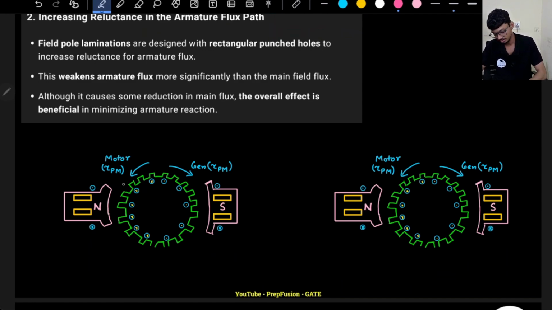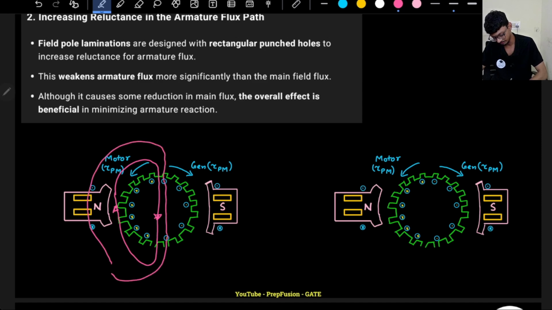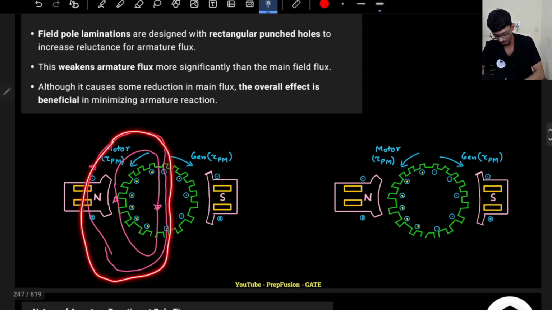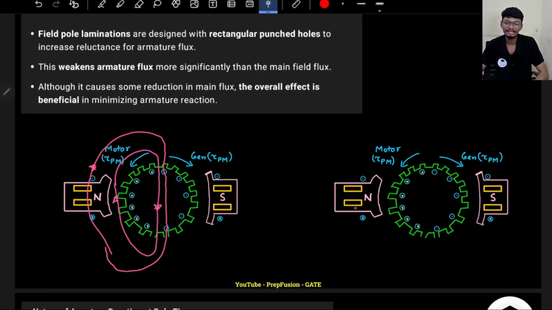The flux generated will be something like this, and it will pass through the field poles as well. So I can try to increase the reluctance of this flux path so that the flux is lower. My aim is to reduce the armature reaction.